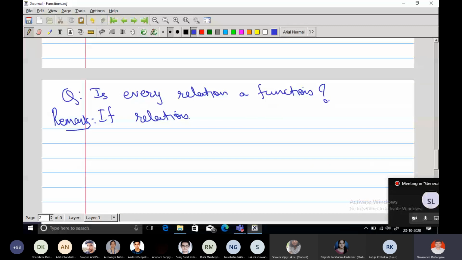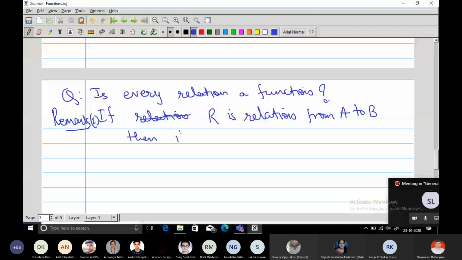If R is a relation from A to B, then it may or may not be a function.